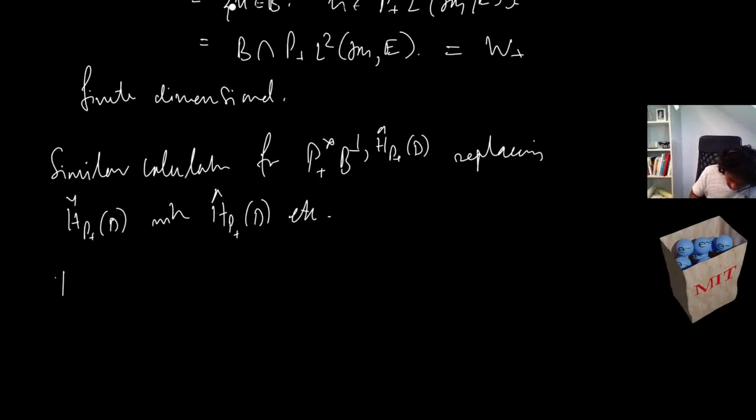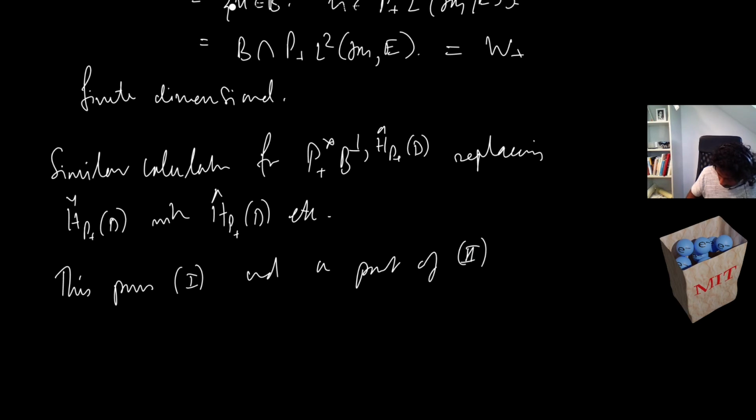So far this proves 1 and part of 2, i.e. we've shown the W plus and the W minus star are finite dimensional and containing H half.